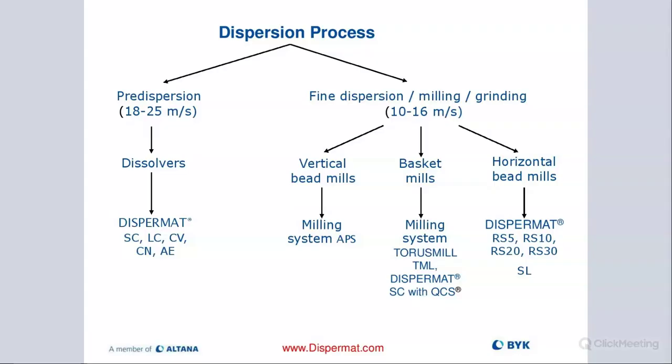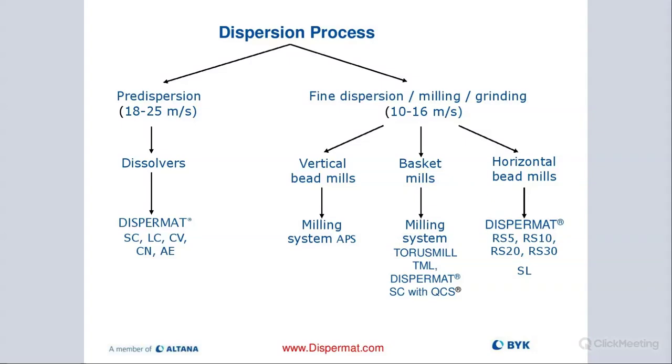Fine dispersing, milling, grinding is the second part of our dispersion process. You can see that there is 10 to 16 meters per second. The optimum rotor speed or milling disc speed is quite a bit slower than when we're pre-dispersing. But we also use beads.